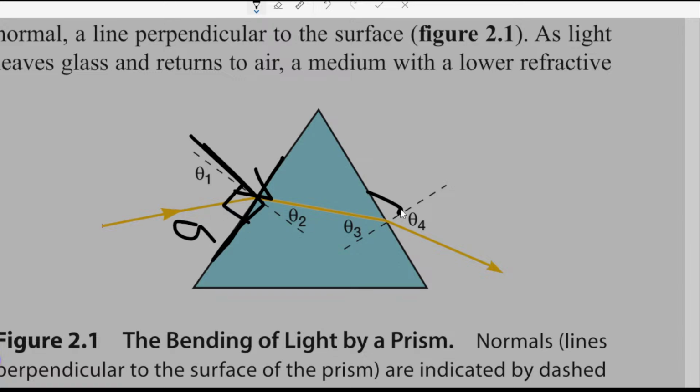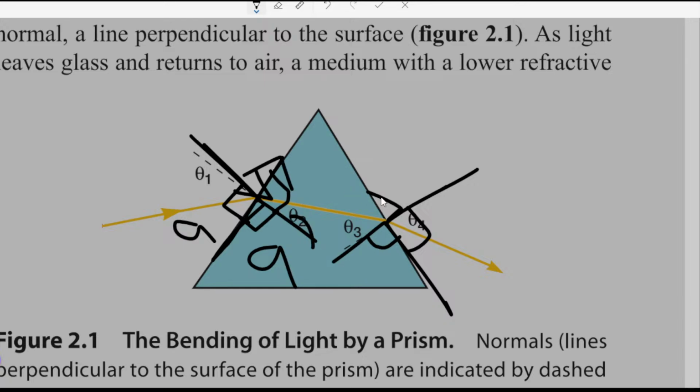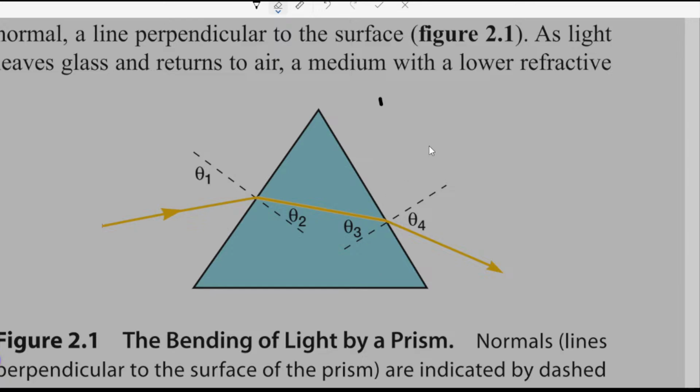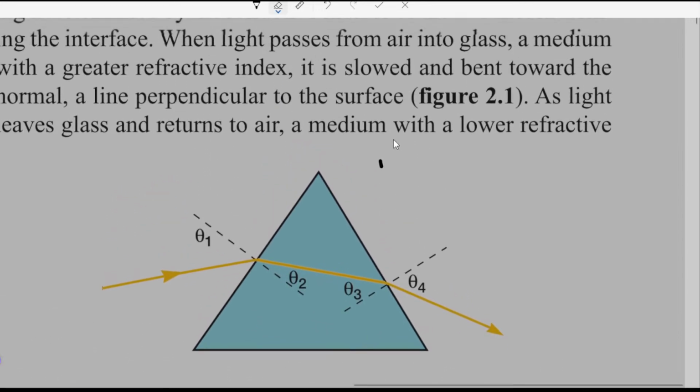If you look at this, it is 90 degrees. This one is 90 degrees as well, and this one, and this one. Whichever side you look from, it will make 90 degrees. So they change it, right?